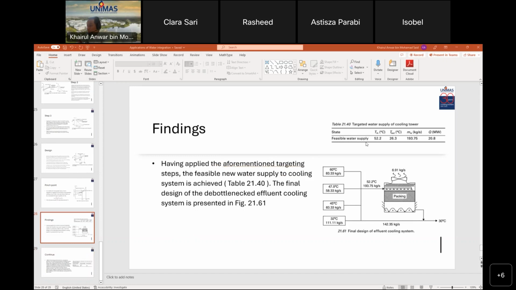So the feasible water supply is T in 52.2 degrees C, the T out is 26, and the mass flow rate is 193.75 with Q of 20.8.